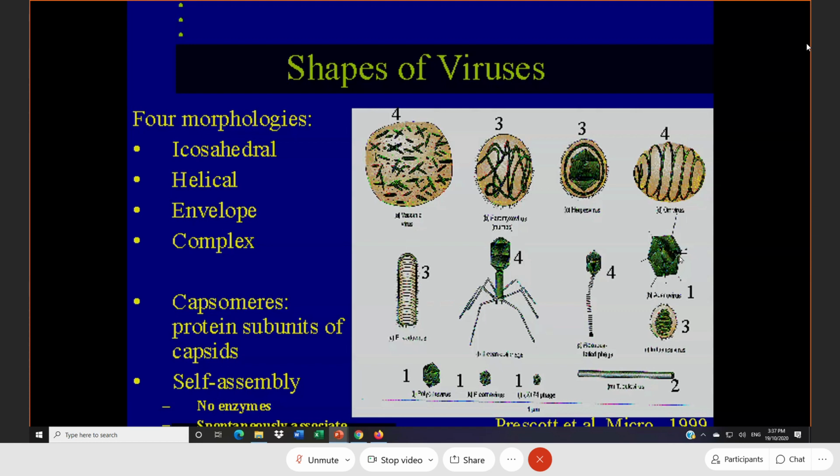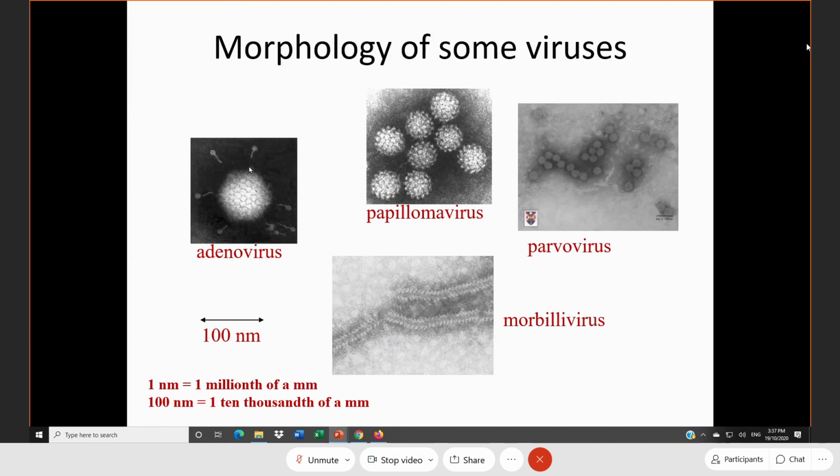This is adenovirus. Okay. This is more towards herpes, pox virus. This is maybe the influenza virus here. It's not clear, this one. Okay. So adenovirus here you can see, and you can see something coming out here, papilloma.